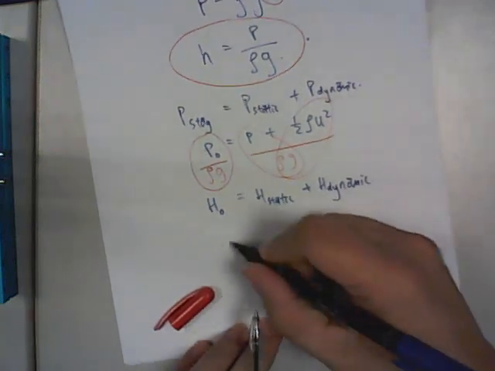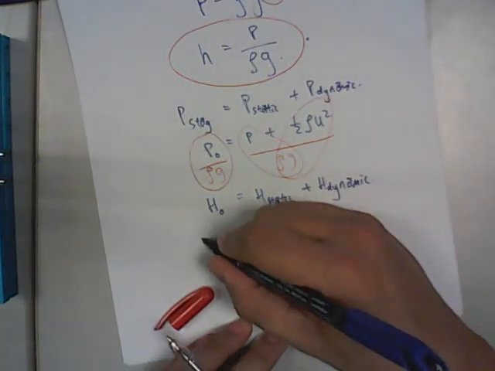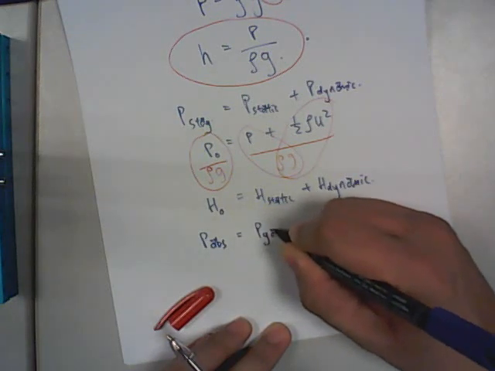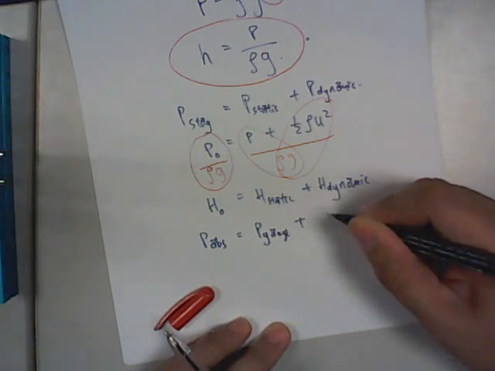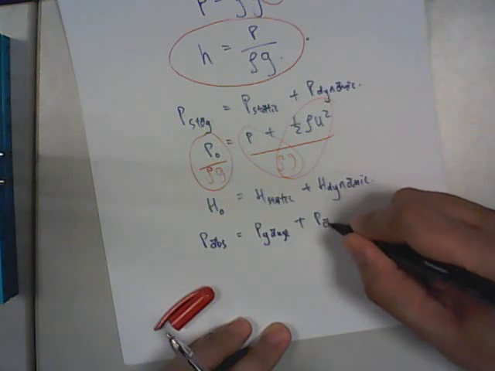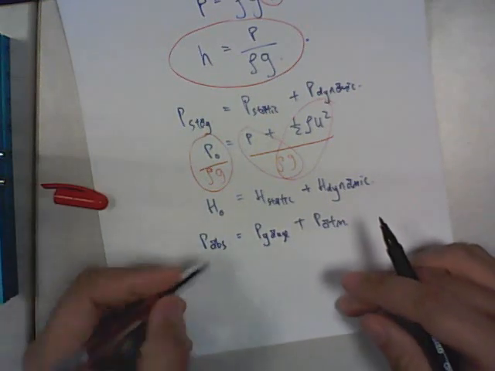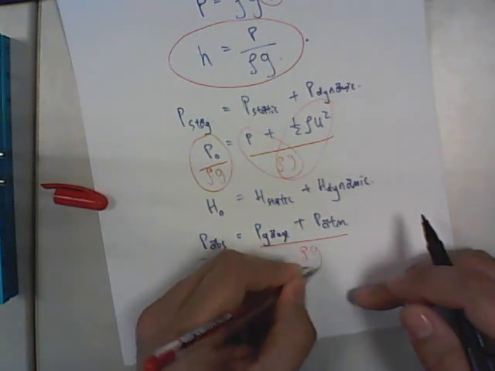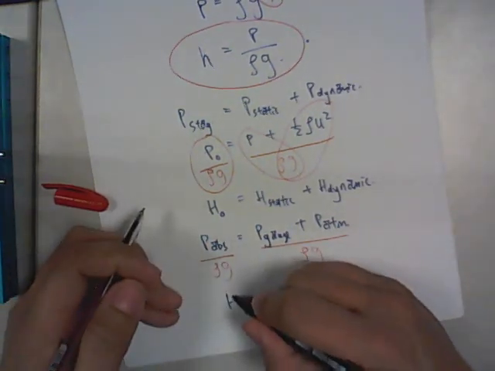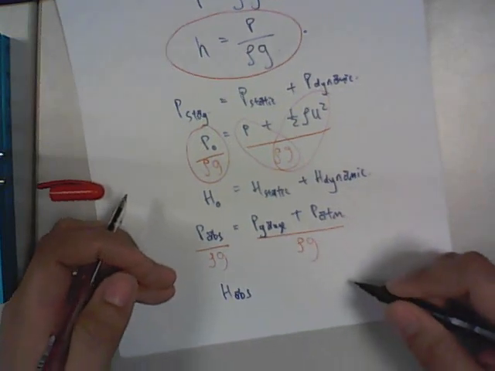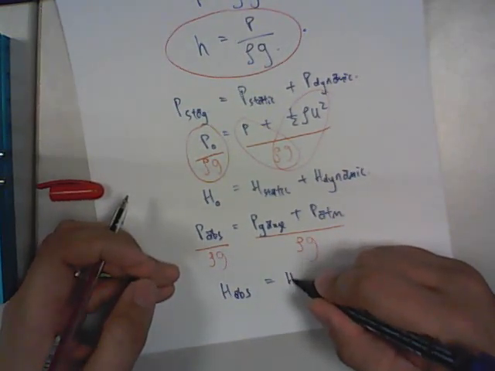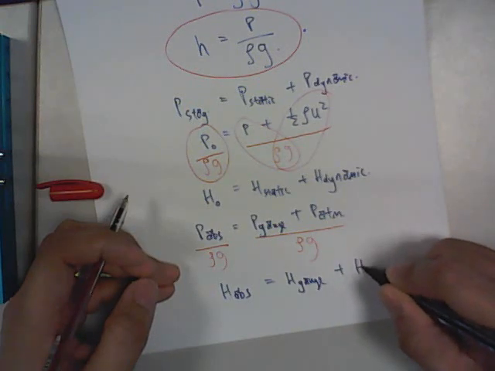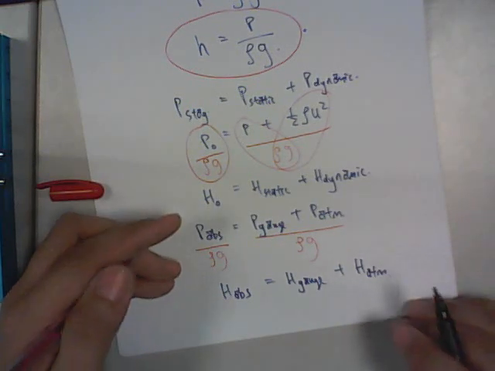That's it. Likewise, when we are talking about absolute pressure, it is gauge pressure plus atmospheric pressure. So if you divide by rho g on both sides, you will also get absolute head, gauge head, and atmospheric head.